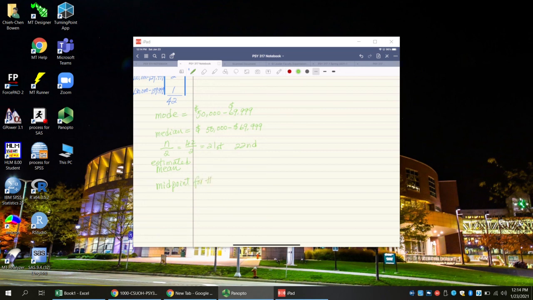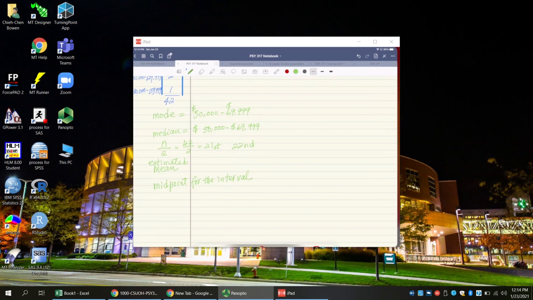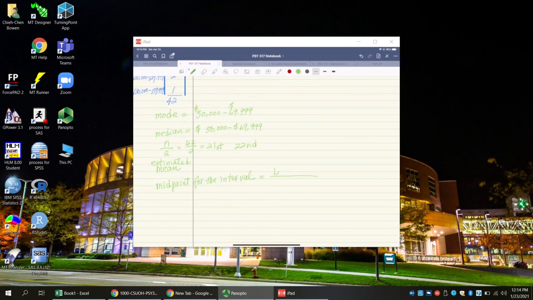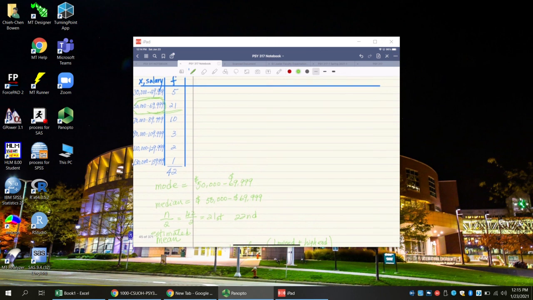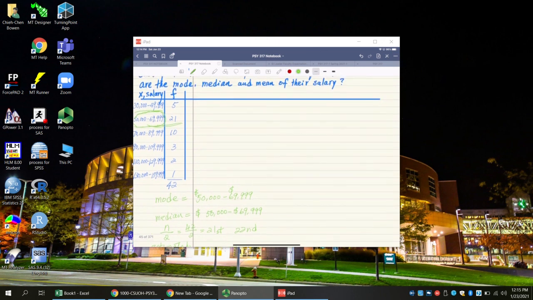So how do we find the midpoint for the interval? The midpoint is going to be the low end value plus the high end value, divided by 2. Because if you use the low end value, you're constantly underestimating, and if you use the high end value, you're constantly overestimating the entire sample's number.